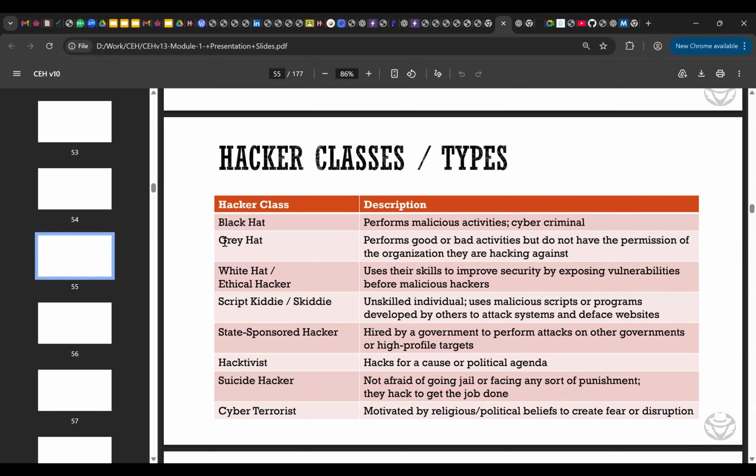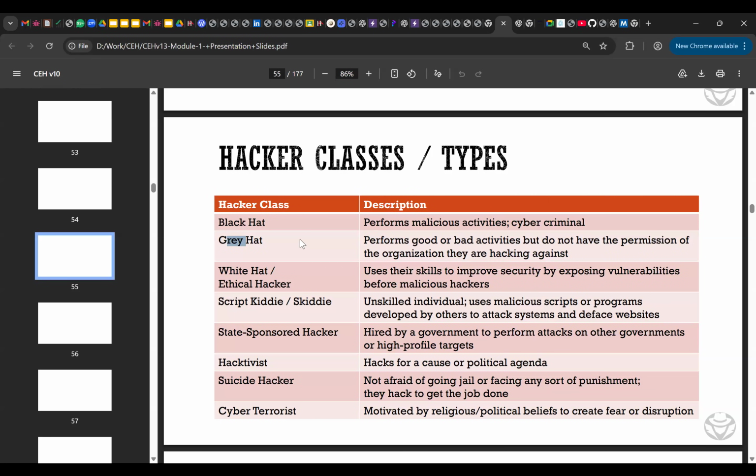Next is gray hat. Gray hat means someone who performs good or bad activities, but does not have the permission of the organization they are hacking. Let's say there is a hacker who is hacking abc.com. He has not taken permission from abc.com, and he can hack for good purposes also.